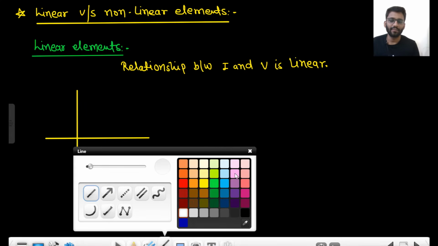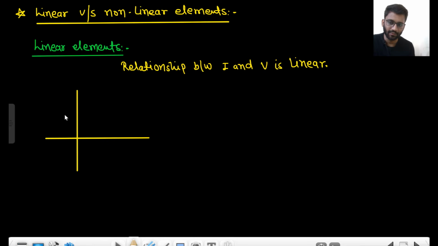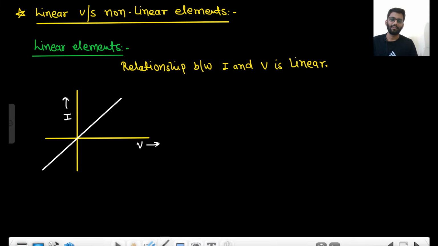The response of current with respect to changing voltage. So on the y-axis we will take I, and on the x-axis we will take V. So basically, how your current is changing with respect to the change in voltage. So that's how the IV characteristics look.